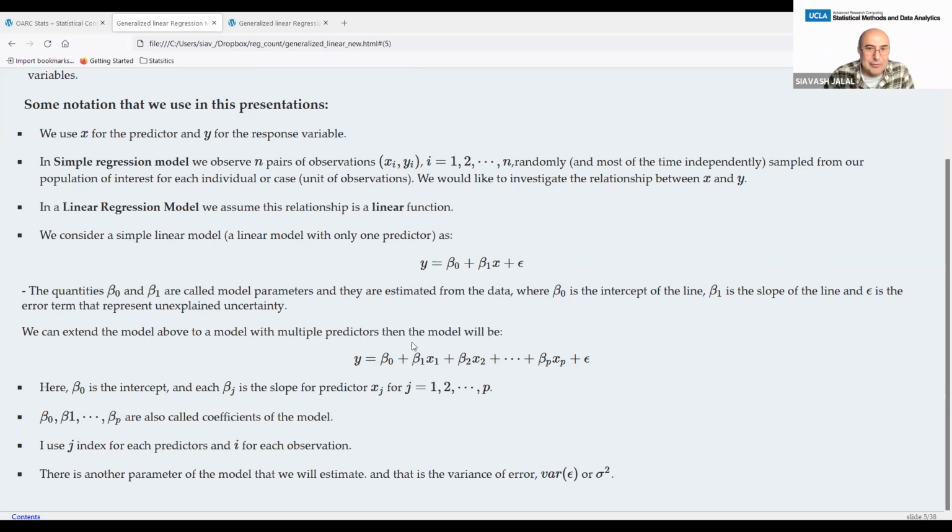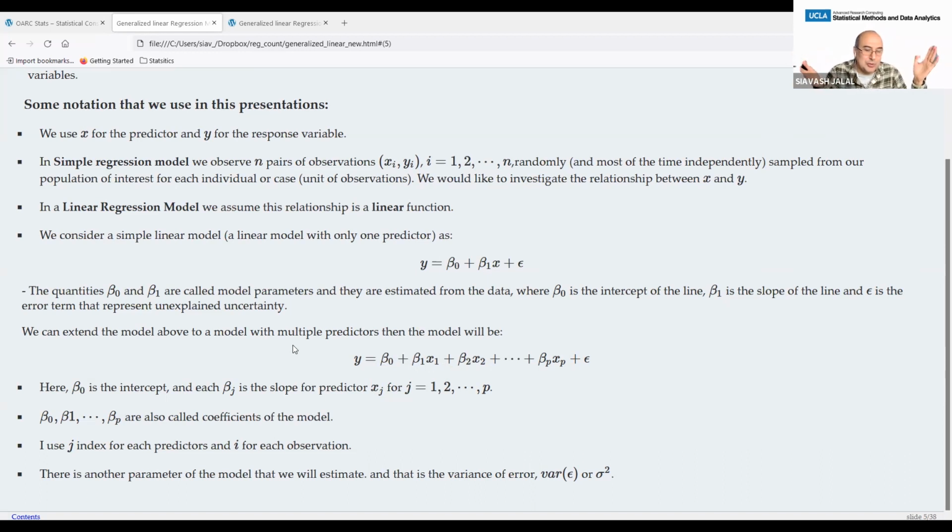We can extend, of course, this model by adding more predictors. We still have one uncertainty e, and we have this linear part. Still, this is linear, although we cannot show it if we have more than 2 predictors, right?